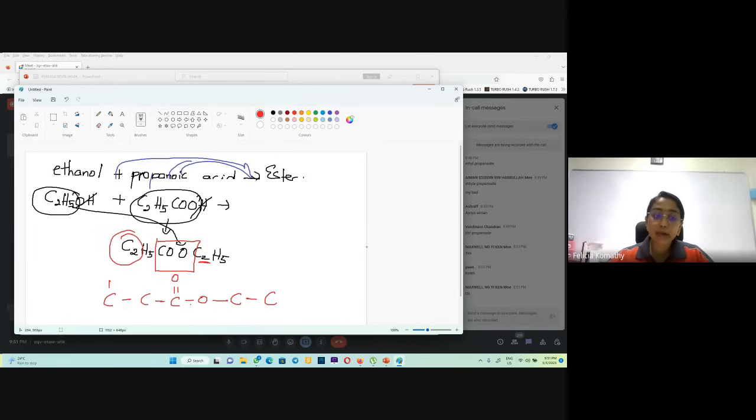Dan pastikan setiap carbon mesti ada berapa ikatan? 4. So, you letaklah 4 ikatan bagi setiap carbon. And then last, fill in the blank. Isikan hidrogen. Maka, you dah habis lukis ester dia.